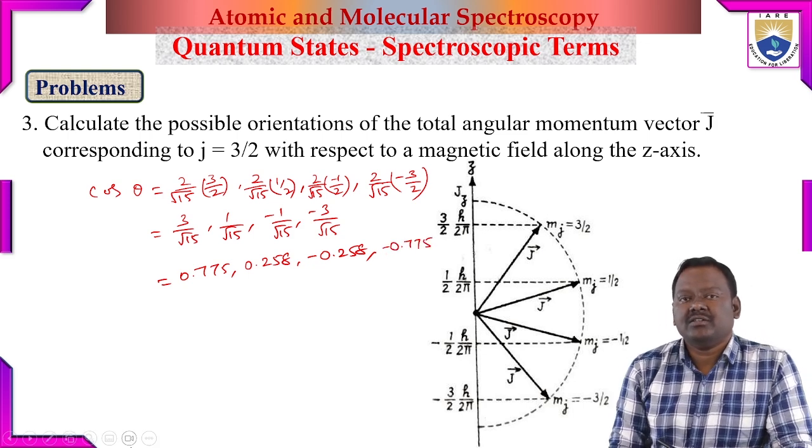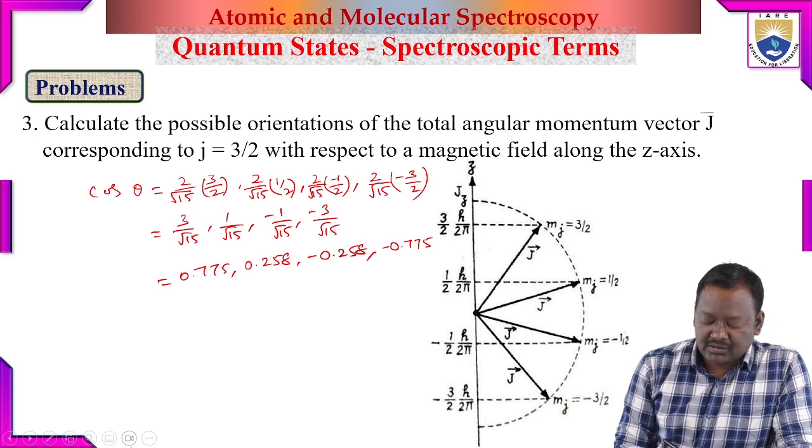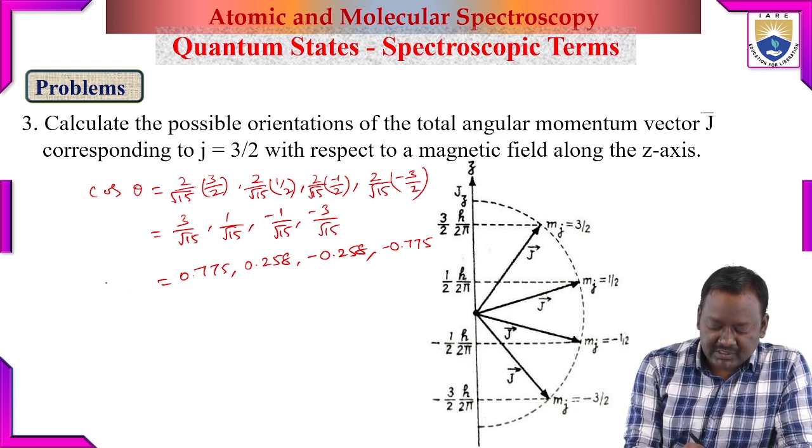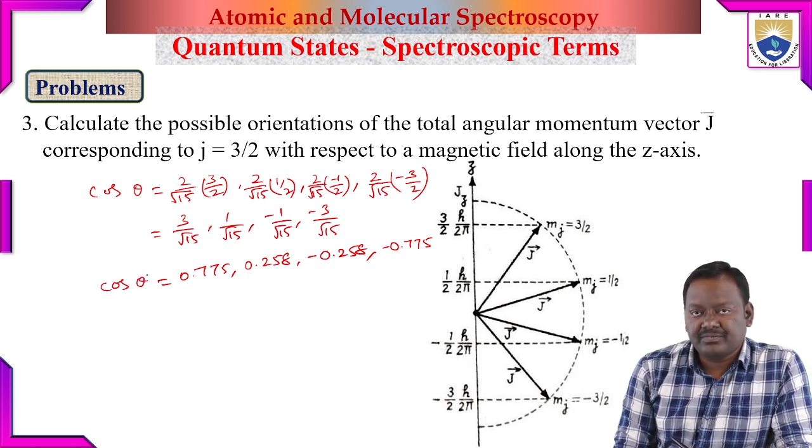We calculate all these values, and again this is the cos theta value.